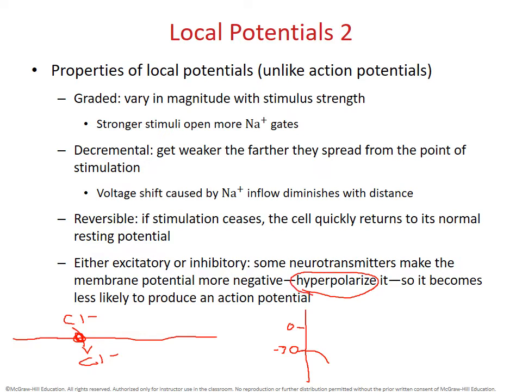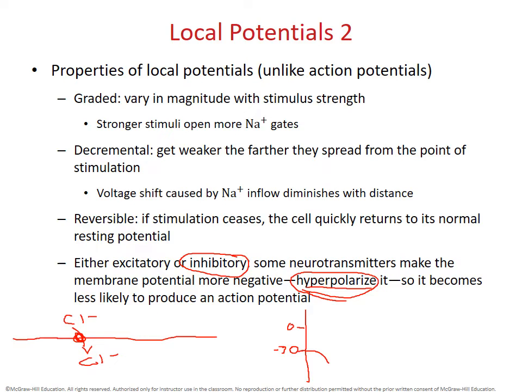Hyperpolarization is the opposite of depolarization. Instead of causing the membrane potential to deflect upward towards zero, we take it farther away from zero, making the membrane even more polarized than it was at rest. So this is what hyperpolarization looks like, and hyperpolarization tends to be inhibitory because, as we'll see, we need to depolarize membranes to ultimately lead to an action potential.